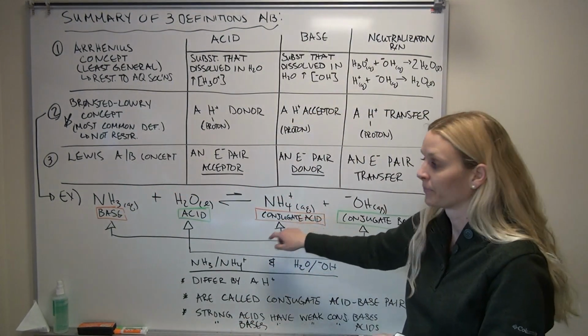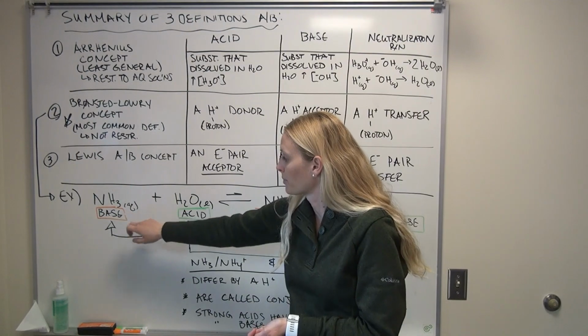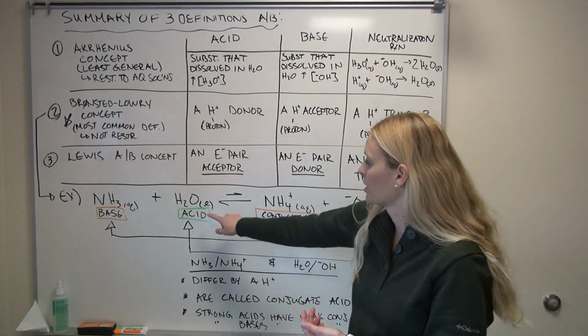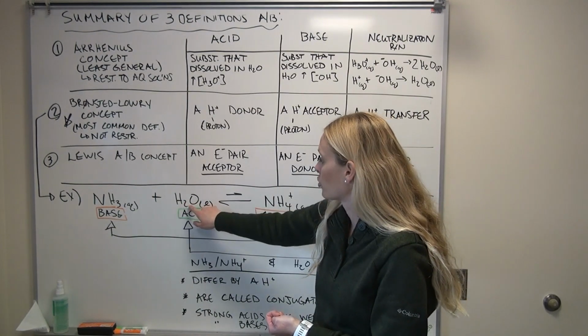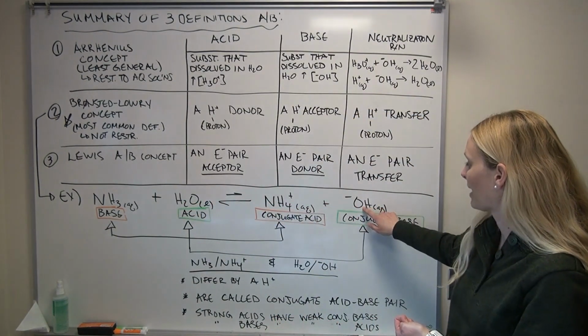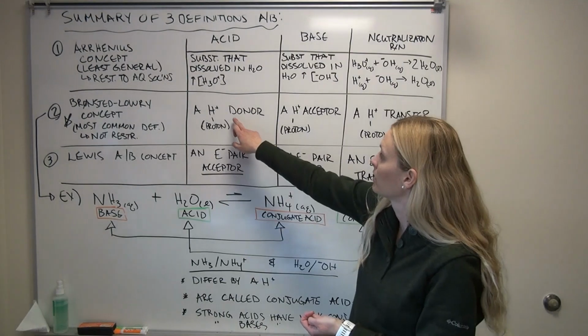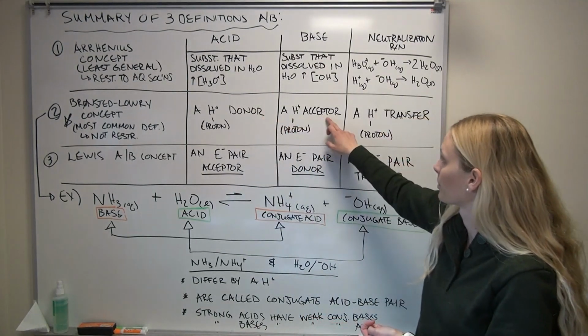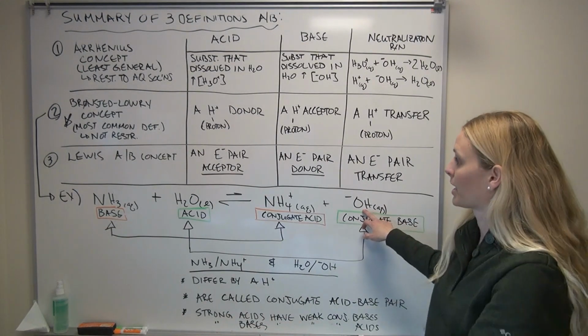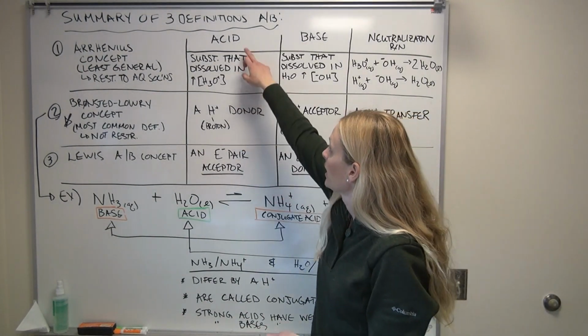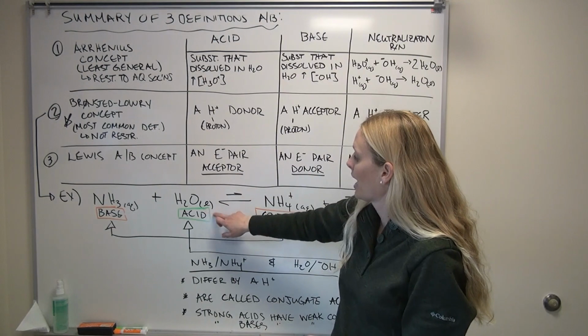Yes, accepted a proton. So this ammonia accepted a proton from where? It accepted it from the water molecule. So the water molecule went from H2O to OH minus. Did it donate a proton or did it accept a proton? Well, it lost a proton, meaning that it donated it, it gave it to something else. And so by definition, this is a Bronsted-Lowry acid.